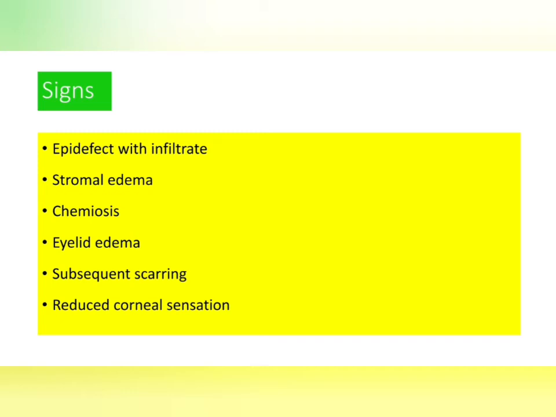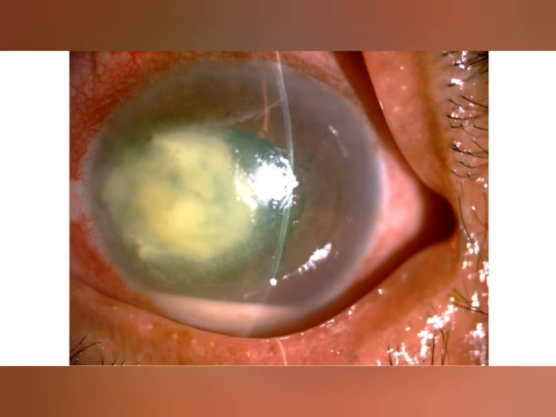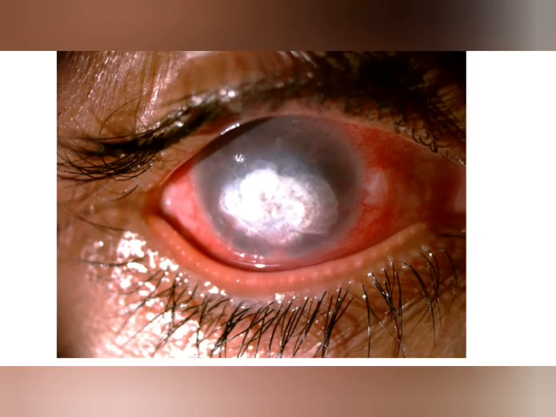Reduced corneal sensation is also there because the nerve endings are affected. Here you can see the infiltration with epi defect, and formation of hypopyon. This hypopyon formed in bacterial keratitis is actually sterile, because the bacteria do not reach this hypopyon area, so it is sterile and movable.